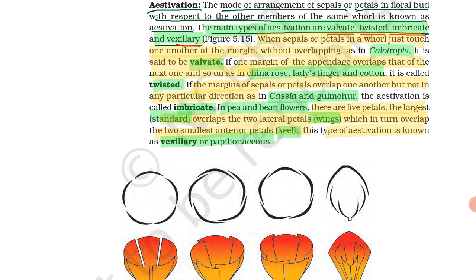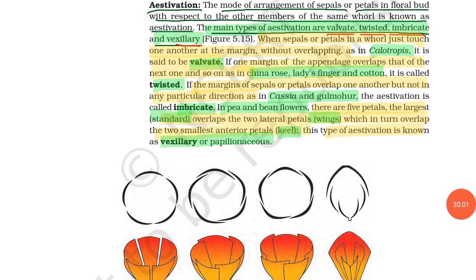Next, if the margins of sepals or petals overlap one another but not in a particular direction, it is imbricate aestivation, and examples are Cassia and Gulmohar. In some flowers like pea and bean, there are 5 petals. The largest standard overlaps the 2 lateral petals, called wings, which in turn overlap the 2 smallest anterior petals, called the keel. This type of aestivation is called vexillary or papilionaceous, and the examples are pea and bean flowers.